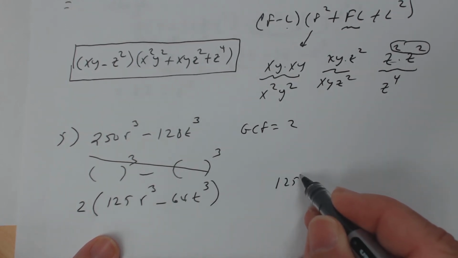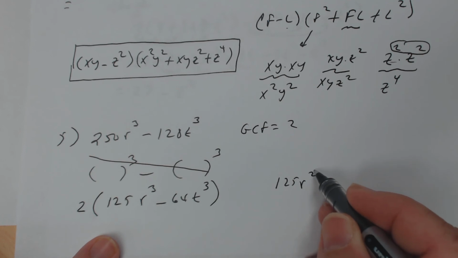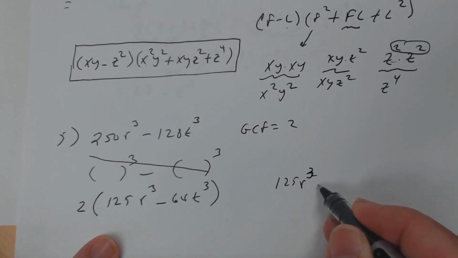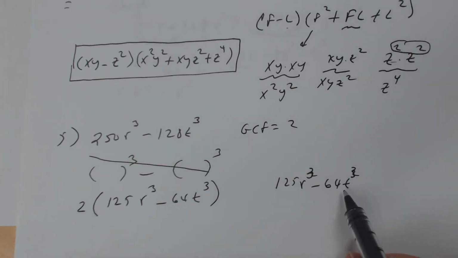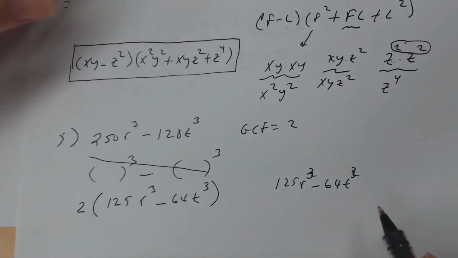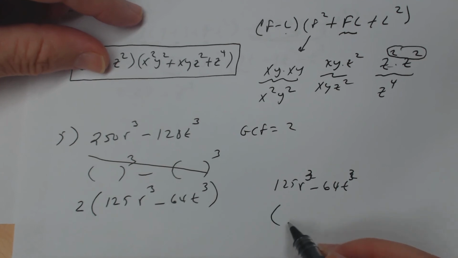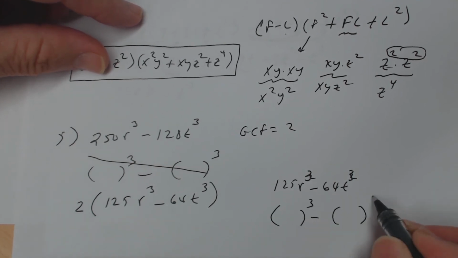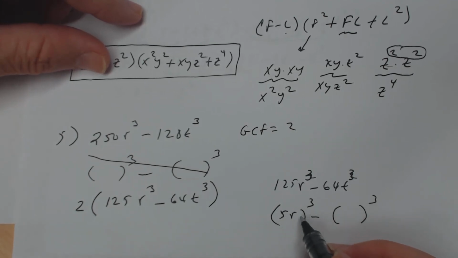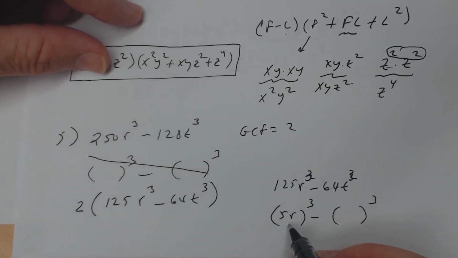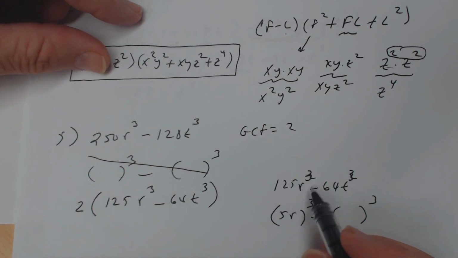So in other words, can I factor 125r cubed minus 64t cubed? So is this the difference of 2 cubes? And this actually is, because 5r times itself 3 times is 125r cubed.